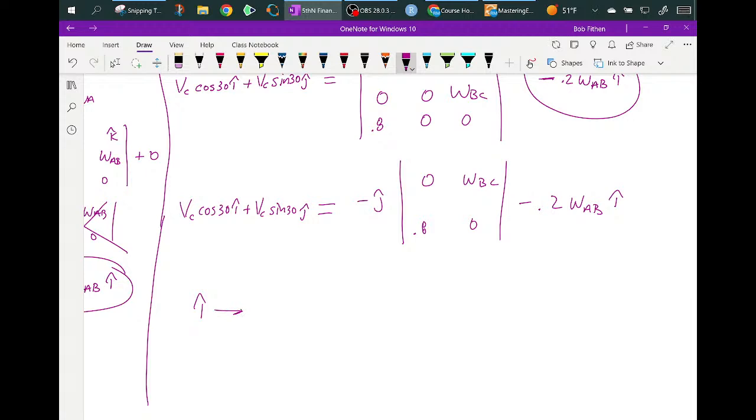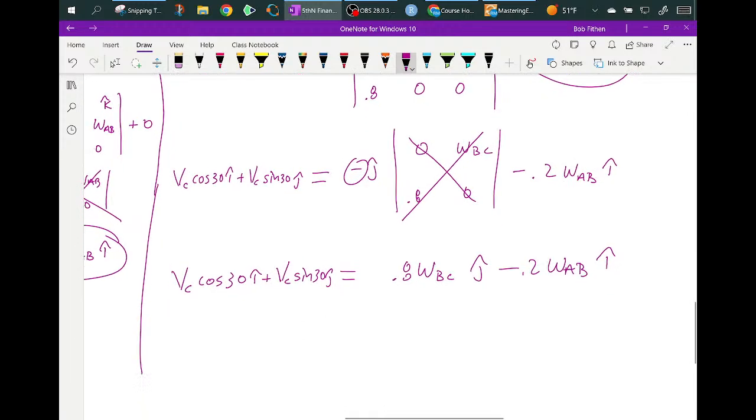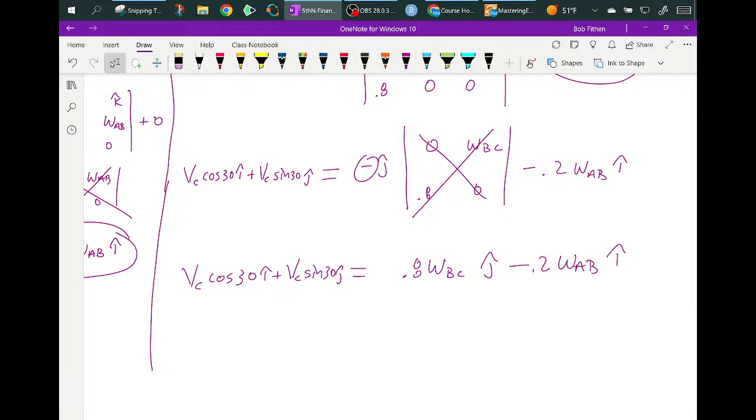Now, here's your deal. Break it into components. I guess I should do this first. This times this, minus that times that, already has a minus. Becomes 0.8 omega BC J minus 0.2 omega AB I. So first I need to break it into components.